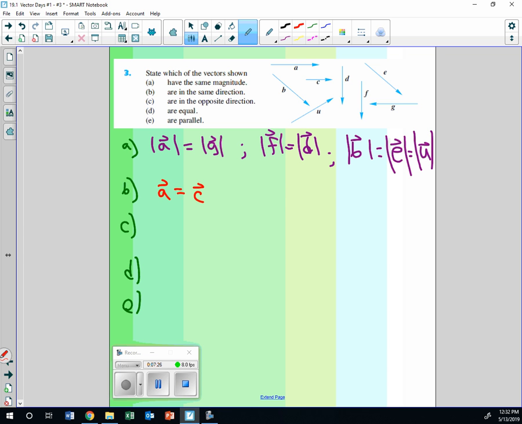You just would put A equal to C and nothing else. Any others? How about B? Well, these two are equal to each other in direction. B is equal to what? In direction. E.